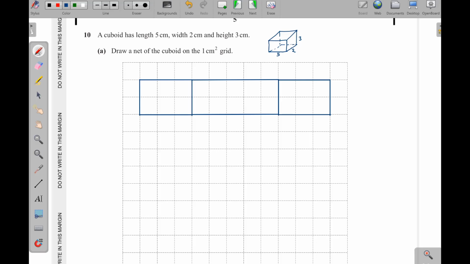Now, this face here, there is this one now that is going to follow this way, which is 5 by 3. Okay. This one facing us, so 5 by 3. Remember, this one here, which is 3 units, has to be the same as this one here. You get it? So we have something like this, such that this one here, if it is the same as this, when you fold them up, they are going to fit on each other.